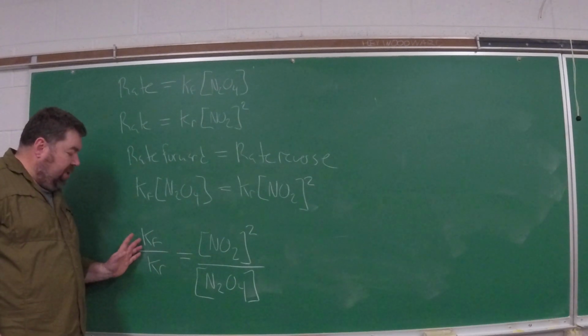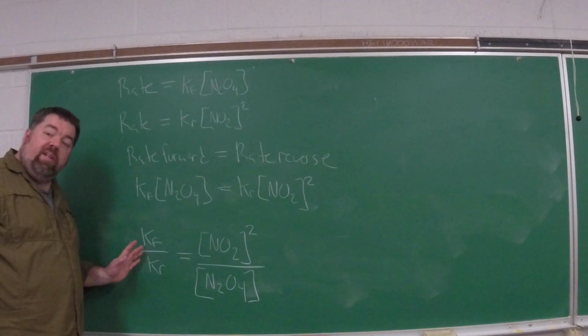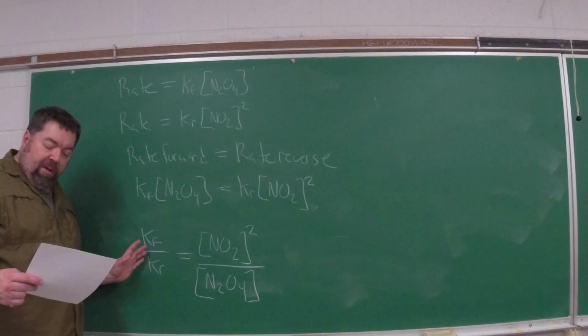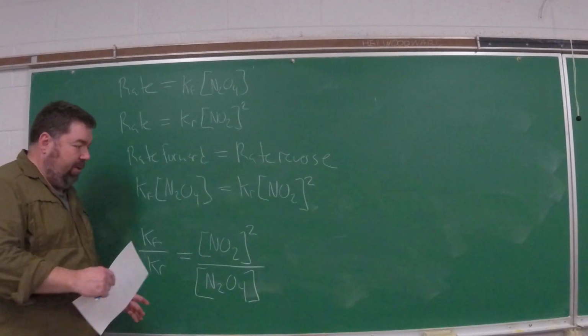So what we're going to do is take this Kf divided by Kr, and let that equal a capital K, which will be called the equilibrium constant.